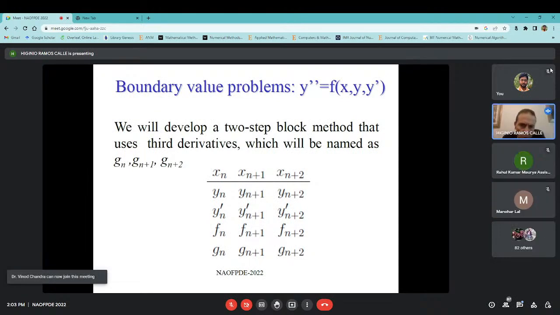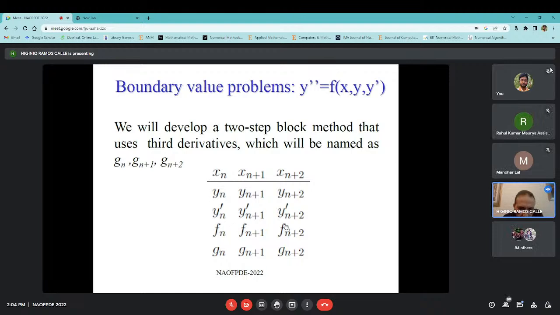Firstly, I'm going to show you how to obtain a method for solving a second-order differential equation where you use third derivatives. So in this case, as we want a two-step block method, we consider also 3 points. We have these values where the unknowns may be, in this case, all of them: the unknowns for the solution and for the derivative, and these are values that are expressed in terms of the previous values.